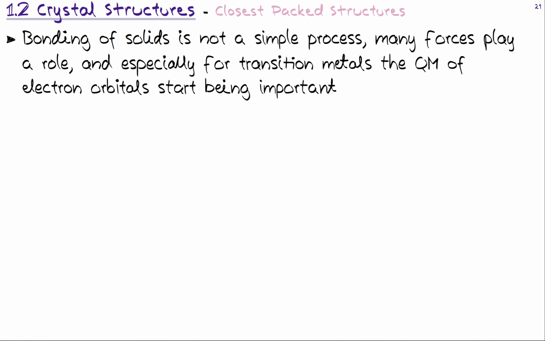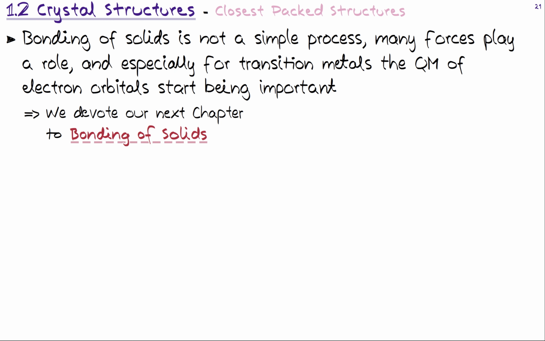So the quantum mechanics related to the electron orbitals starts being important. This is not very trivial to grasp, but if you want to understand solids, we must eventually go there. In the next chapter, we will deal more with the bonding of solids.